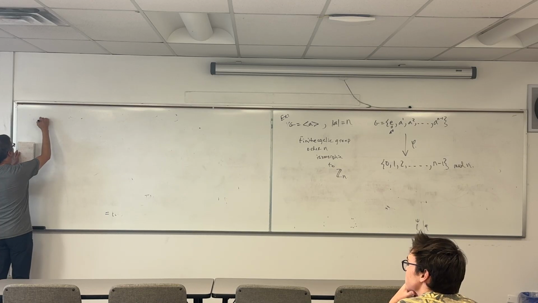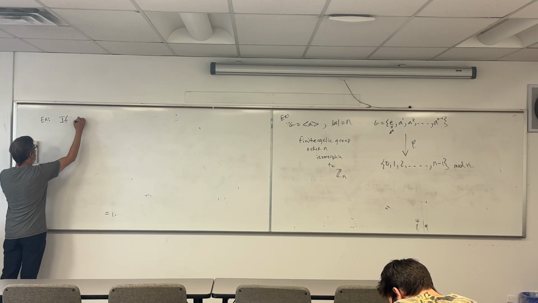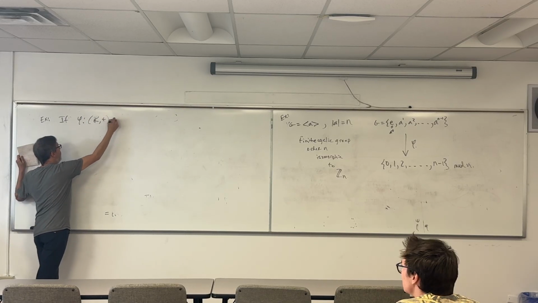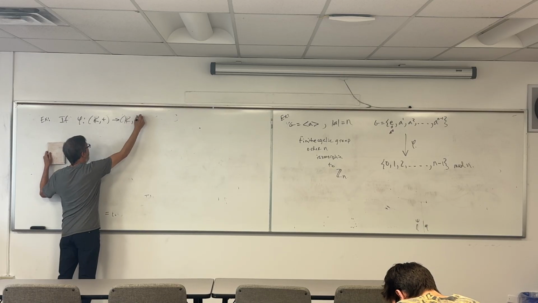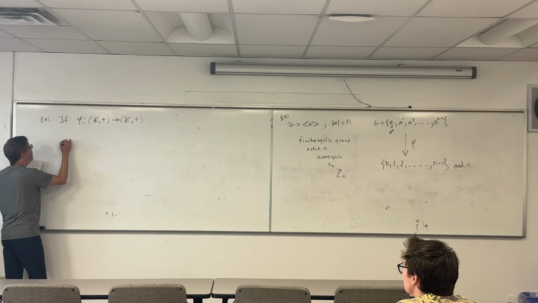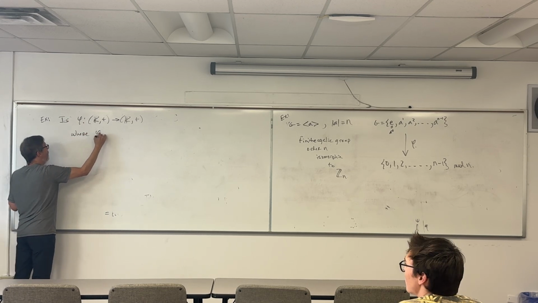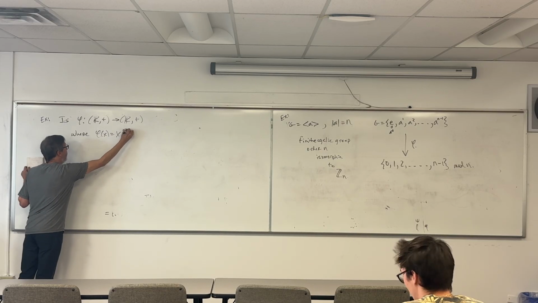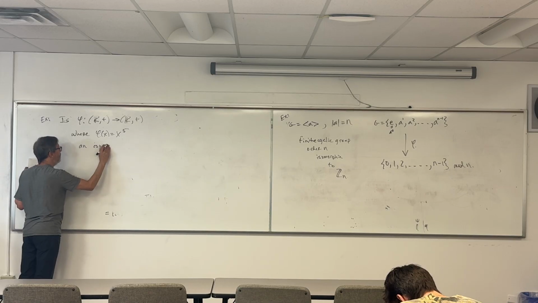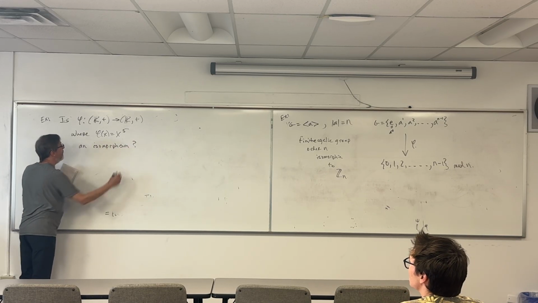Example question: is phi from R plus to R plus, the reals with just addition, where phi of x is x to the fifth, an isomorphism in those two groups?